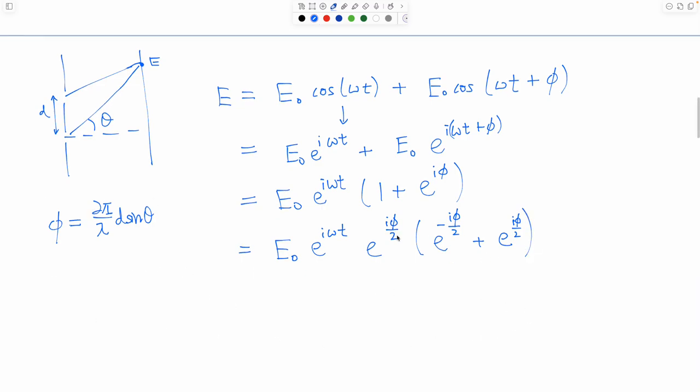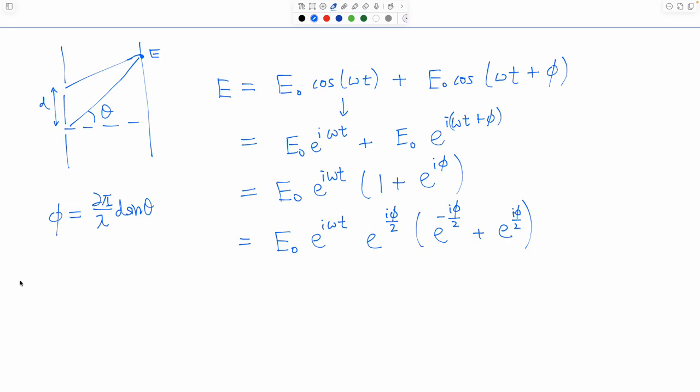And we can actually use a property of sine and cosine, which is that sine x can be written as e to the ix minus e to the minus ix over 2i. And cosine x can be written as e to the ix plus e to the minus ix over 2.